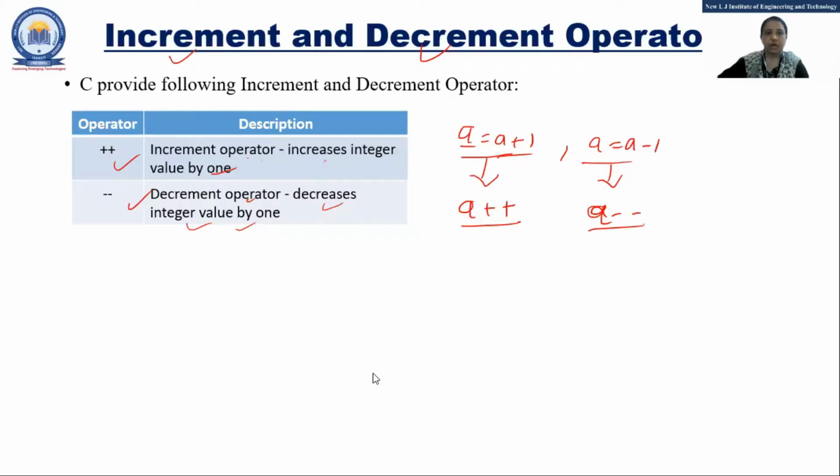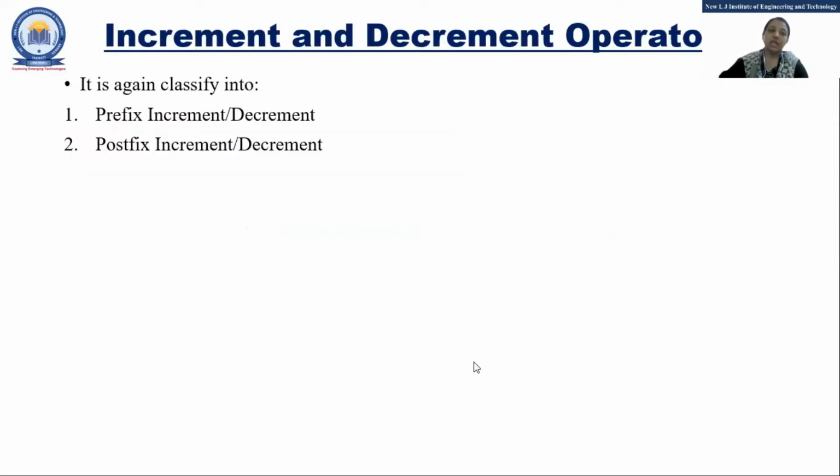Okay, fine. So again, there are two types in that: prefix and postfix. In the increment and decrement operator itself, there are two types. We can say prefix and postfix in both increment and decrement. The meaning of prefix is first the operator and then the operand.